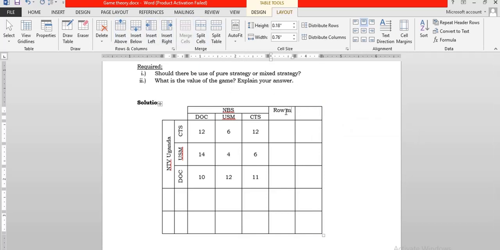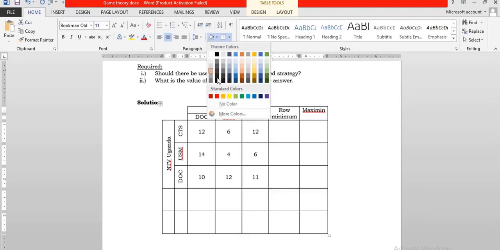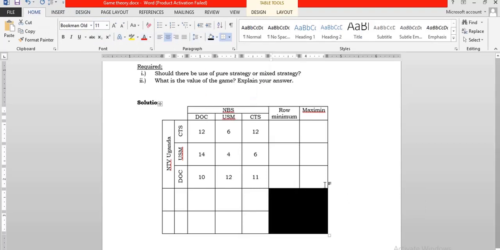That's the first step, remember, row minimum. Then here we shall have what we call the maximum value, that means the maximum value of the minimum possible gains. These four, as usual, should be colored black because we do not need them for now. So we have that layout.